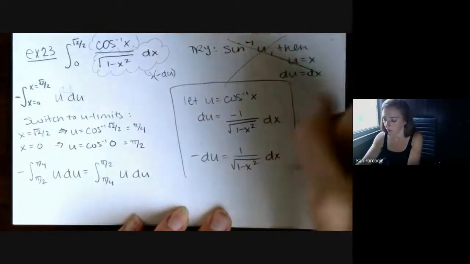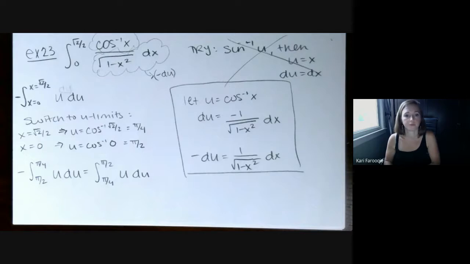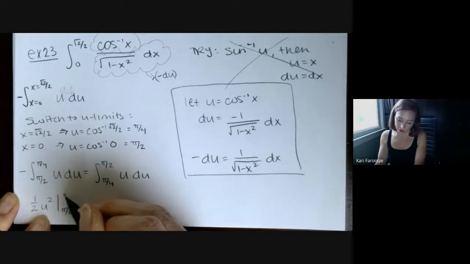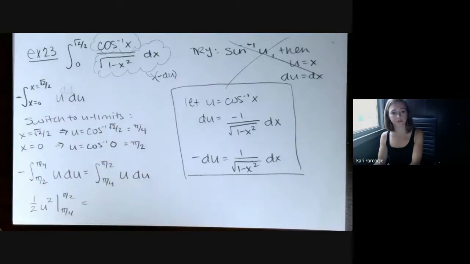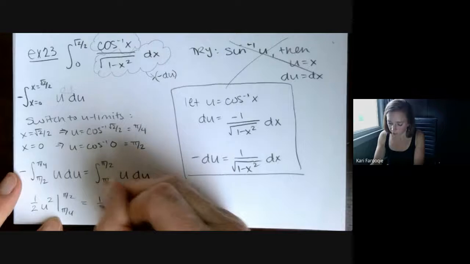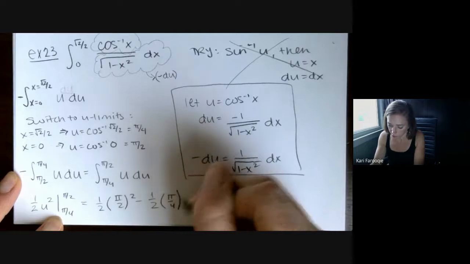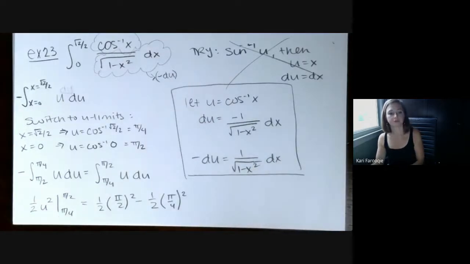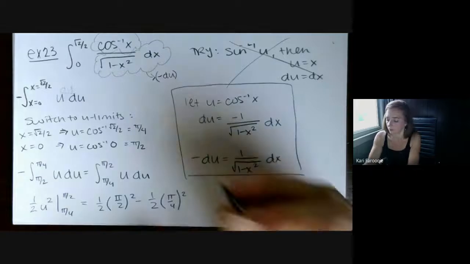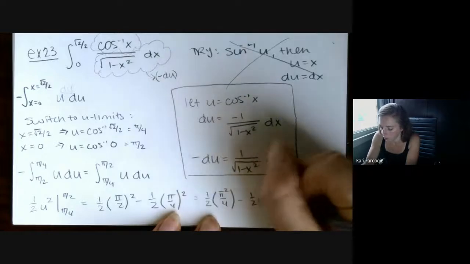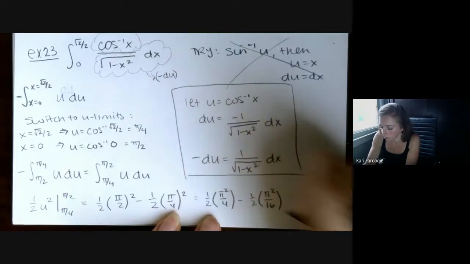It's in a little box. All right, so we integrate u as 1/2 u squared, and then we just take it from pi over 4 to pi over 2. So we have 1/2 times pi over 2 squared minus 1/2 times pi over 4 squared. Which is 1/2 times pi squared over 4 minus 1/2 times pi squared over 16.